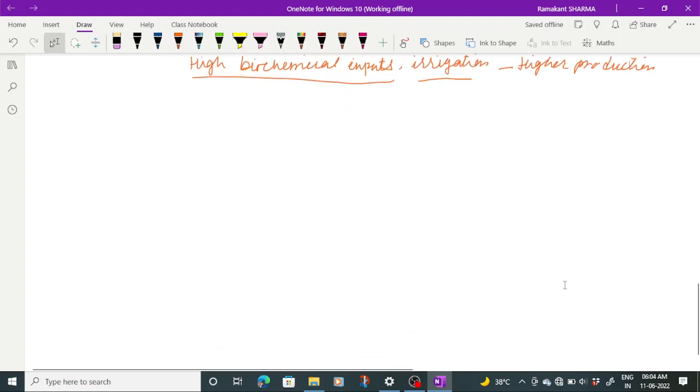from this point of view, you all might be noting that there is a right of inheritance in India.